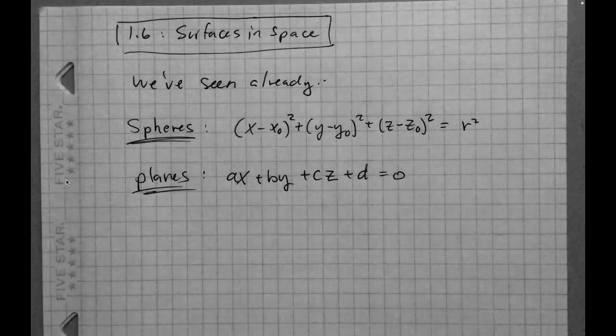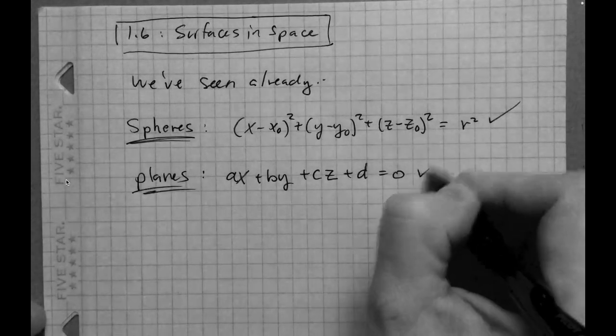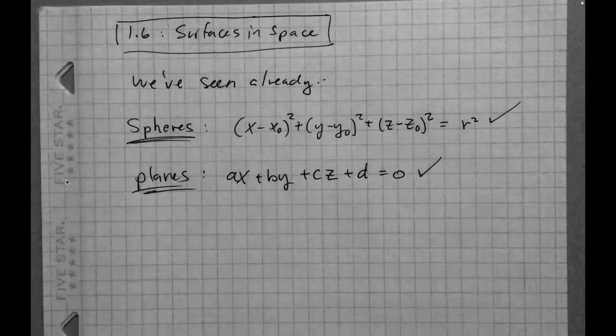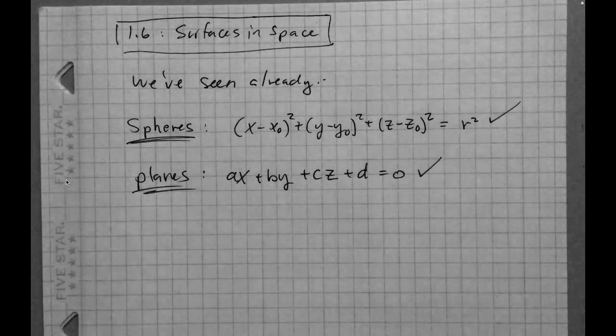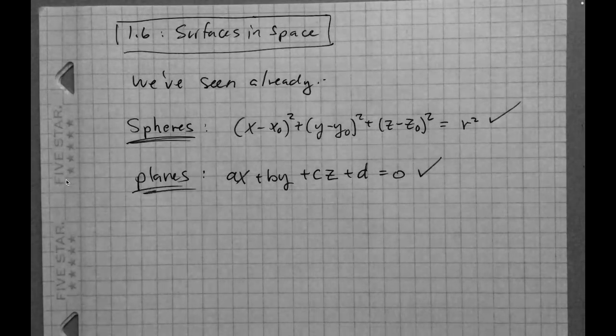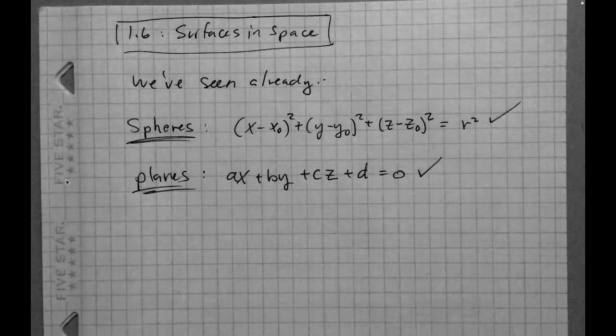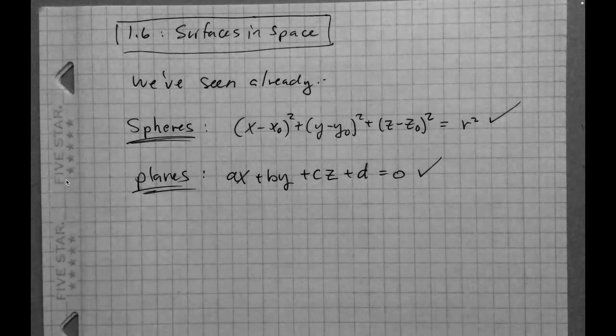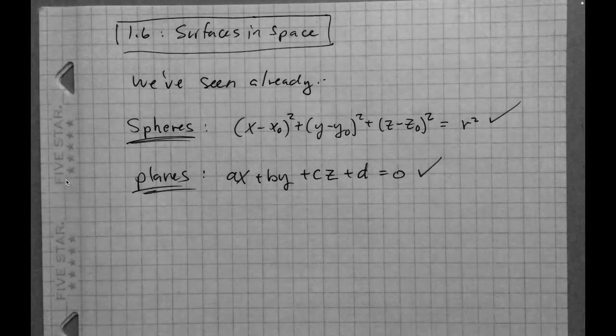So these are what we've seen so far, and the point of this section is to expand our repertoire into a few other shapes. We're not obviously going to get into every shape, but just a few of the common shapes that have a role to play in what's to come in Calc 3.